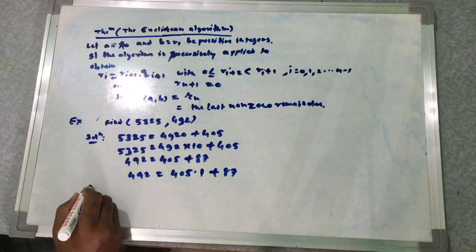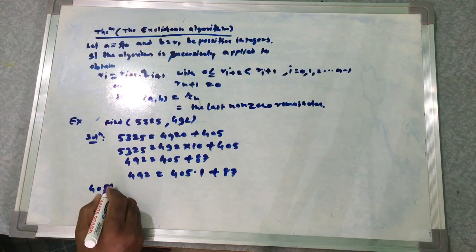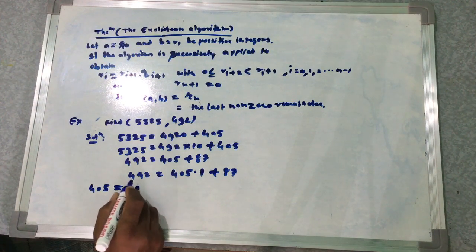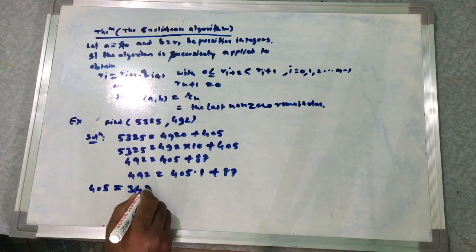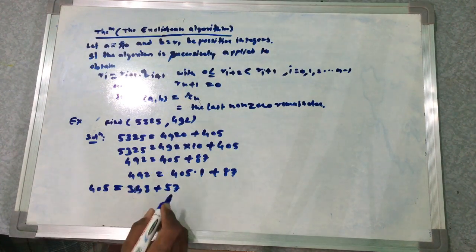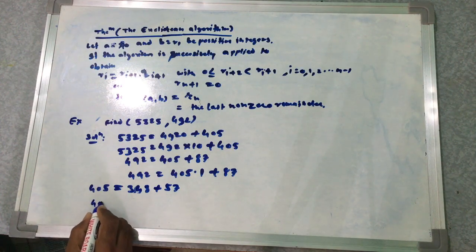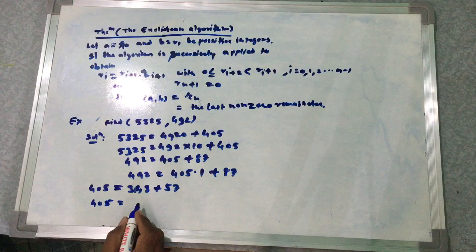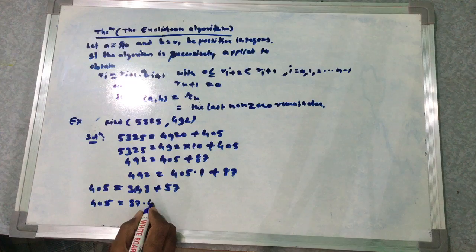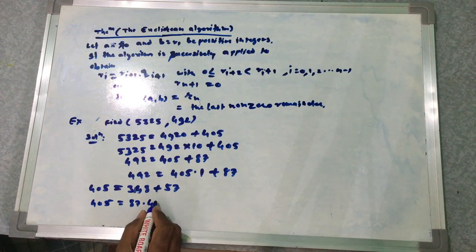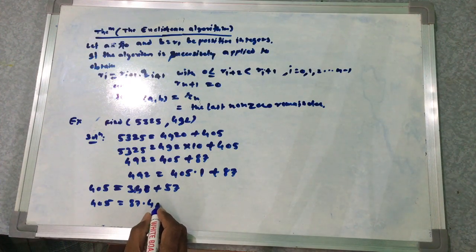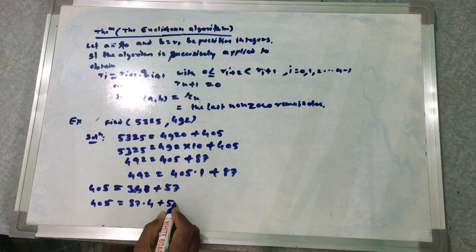Again, 405 is equal to 87 into 4, that means 348, plus 57.